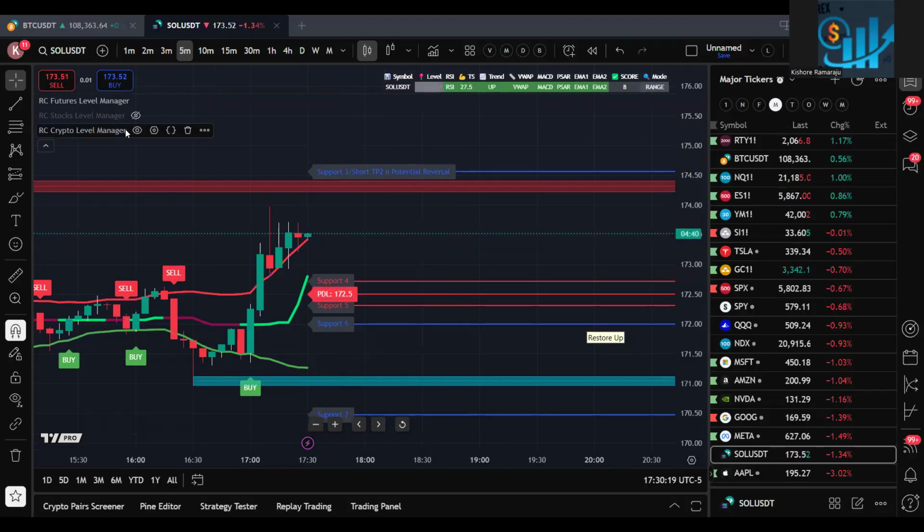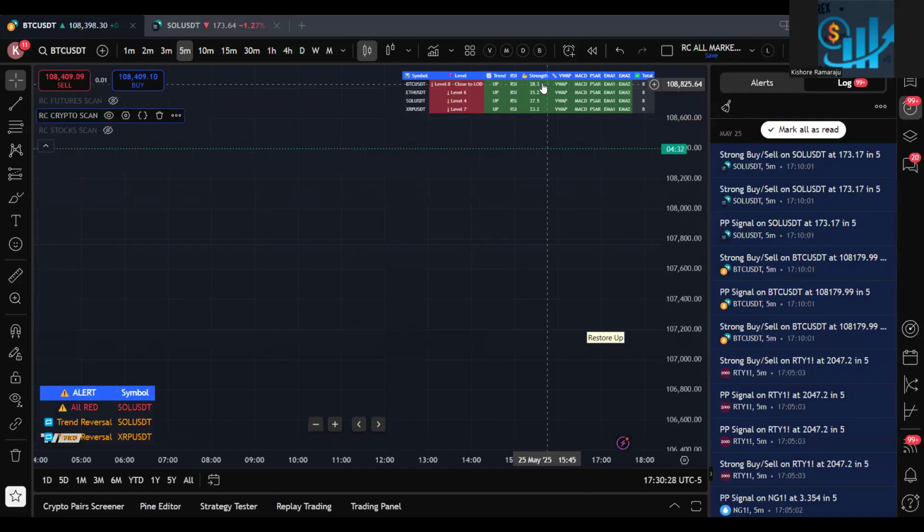Now you can mainly focus on the buy opportunities for Ethereum or Sol or Bitcoin, because everything is looking green. The scores are around 7, 8, 9.